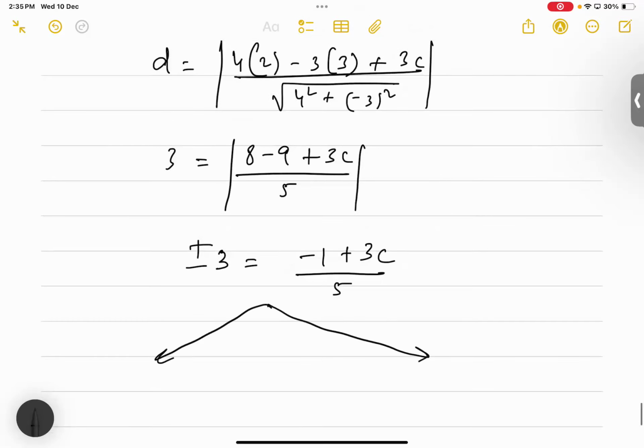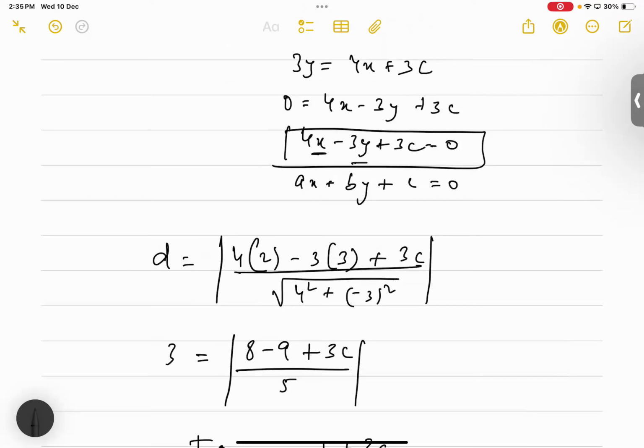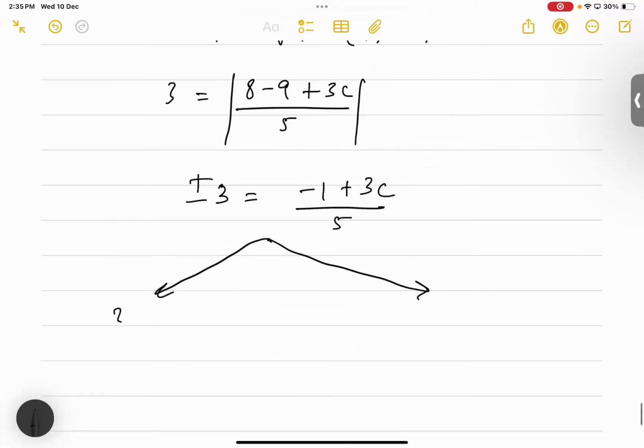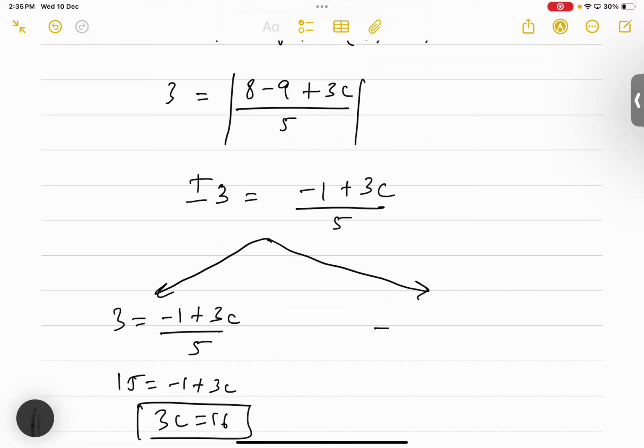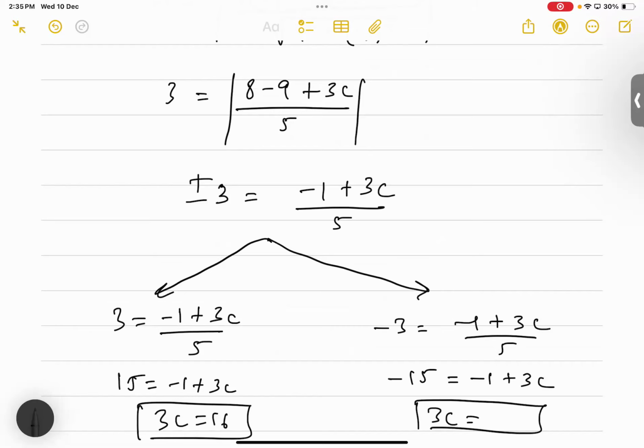From here you will get two different values. We just require 3c. Don't calculate c, calculate 3c, because this is L2 now. We are only interested in 16 and minus 14. So 3 is equal to minus 1 plus 3c upon 5, so 3c is equal to 16. Or minus 3 is equal to minus 1 plus 3c upon 5, so 3c is minus 14.